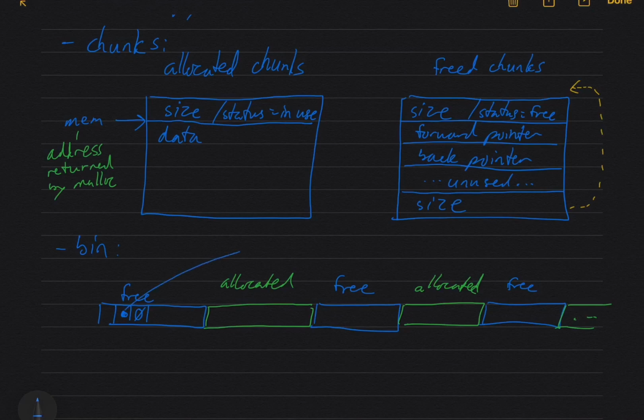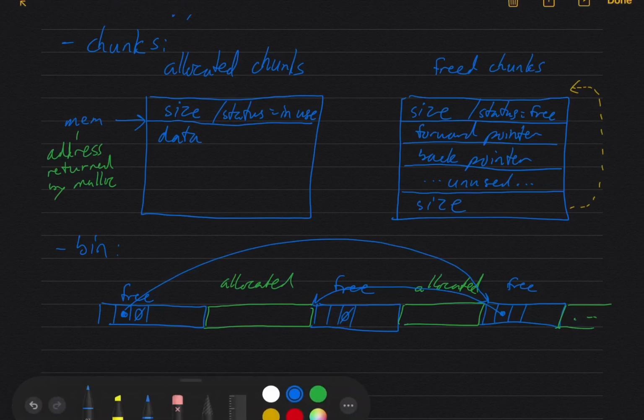So let's point it over at this free one here, and this free one's forward pointer would point to this chunk here, and this chunk, if it's the end of the bin, then its forward, whoops, I got that wrong.